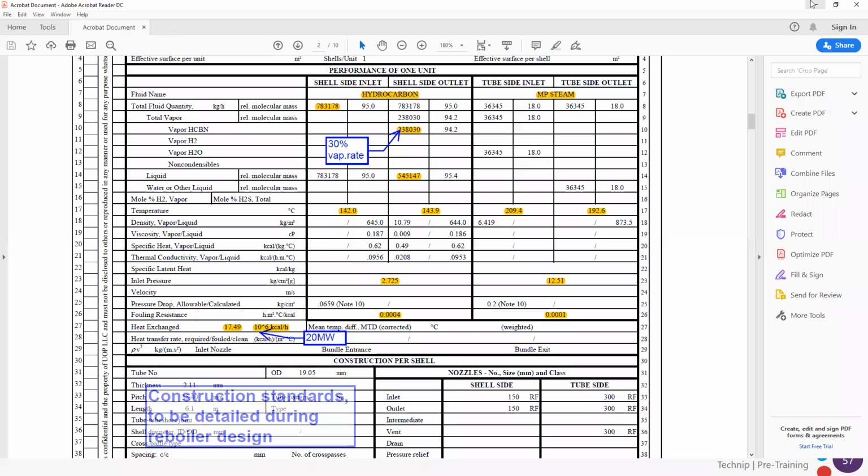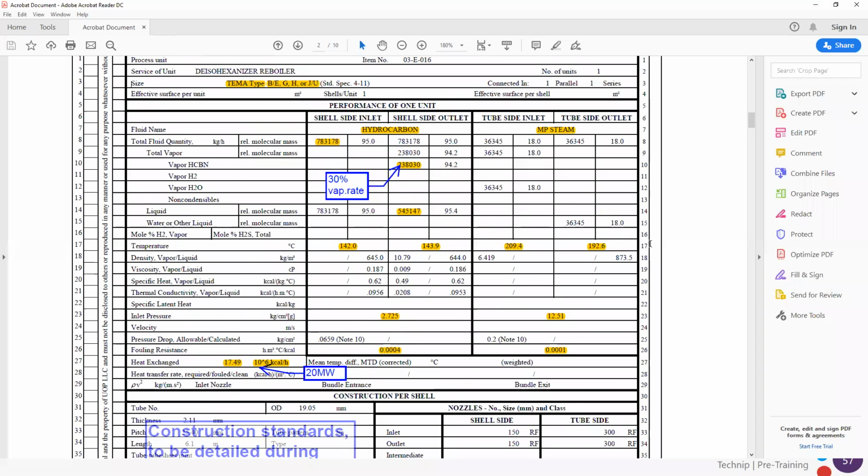Yes. So now let's take a look at the mechanical drawing. Actually, the main point that surprised me when I opened this process data sheet is the duty. For me, that was a very, very big duty. So with this duty, you automatically go for a horizontal thermosiphon because it is better to have the thermosiphon effect and to decrease the liquid static head.